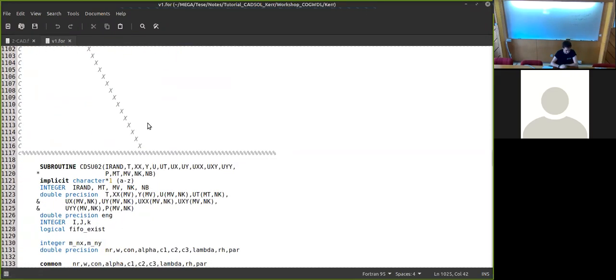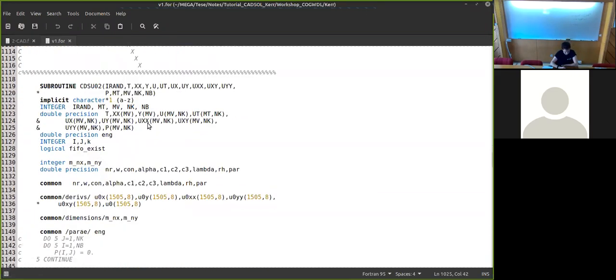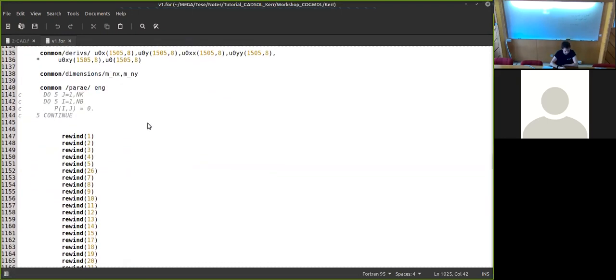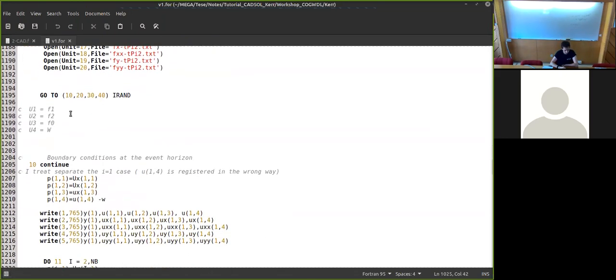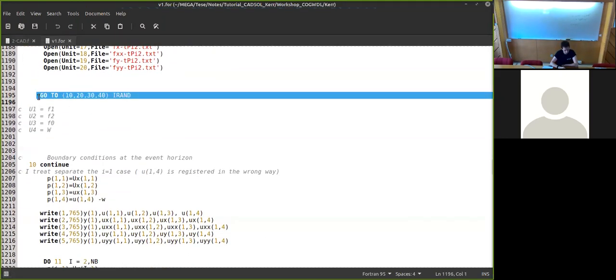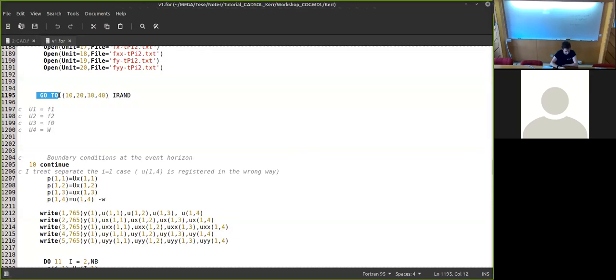So the second subroutine is associated to the boundary conditions. And here is where you put all the boundary conditions. The way that you do this is by using the goto function of Fortran. Unfortunately, people normally like to use this goto function, but it's quite annoying to understand what is happening exactly.